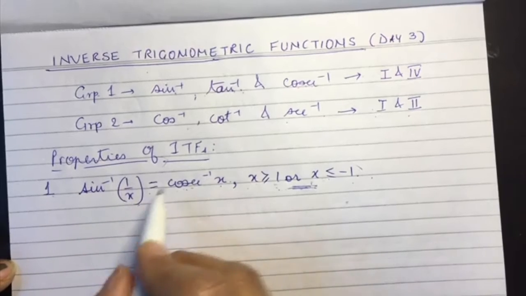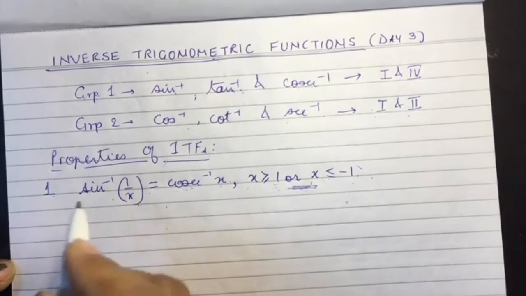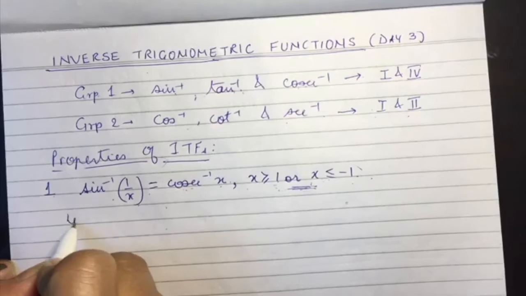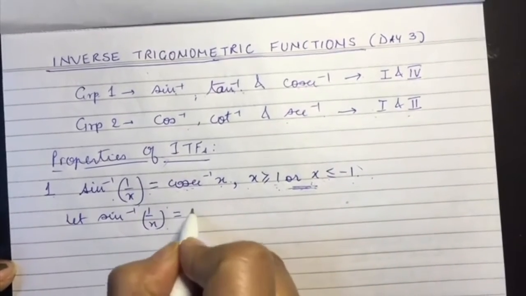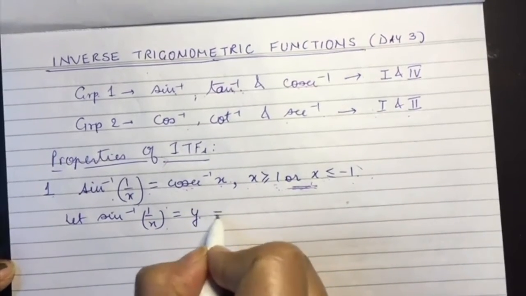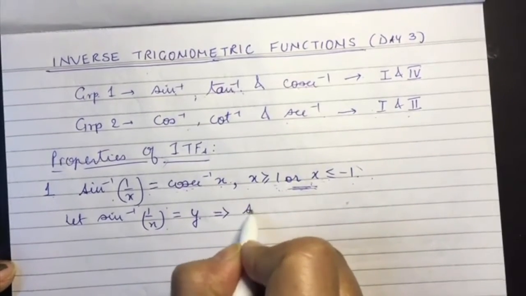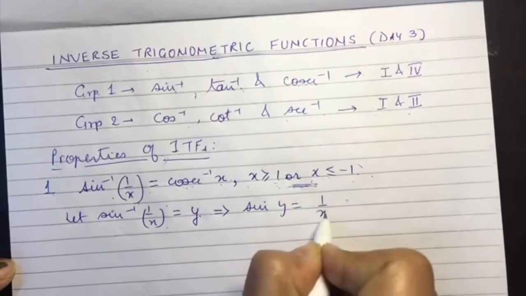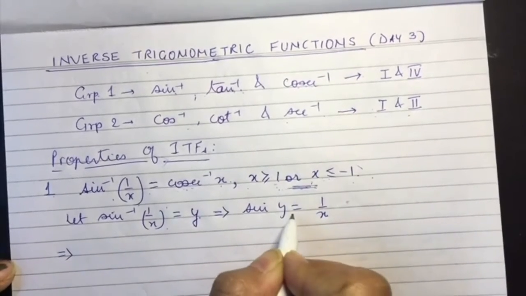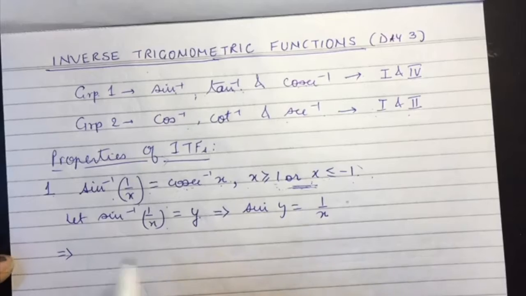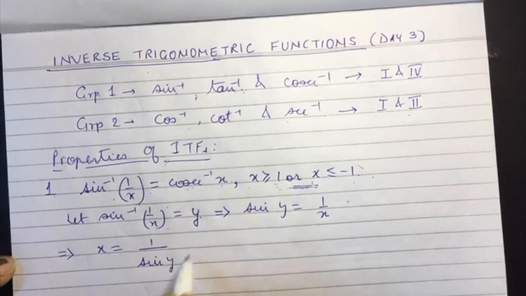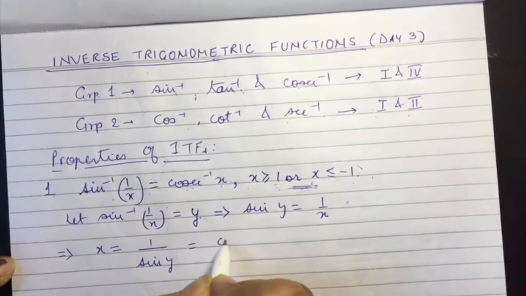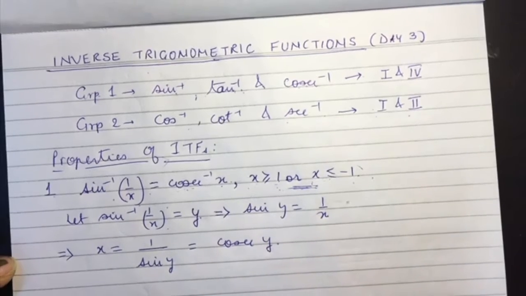Again, in a manner similar to what we had done earlier, we proceed the same way. So let sine inverse 1 upon x equal to y. So this will give us sine y equal to 1 upon x. Easily we can write it as x is equal to 1 over sine y, but 1 over sine y is cosec y.